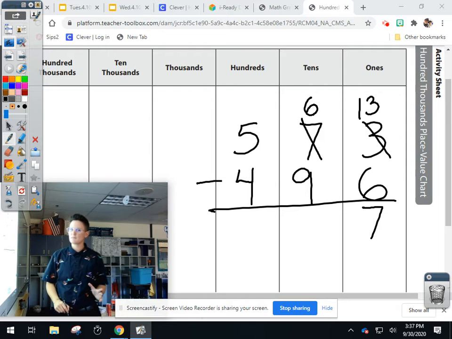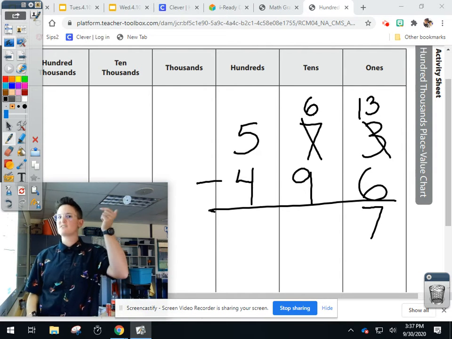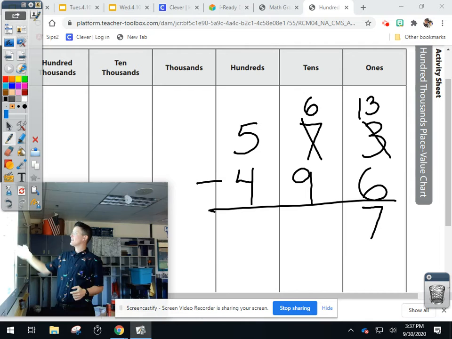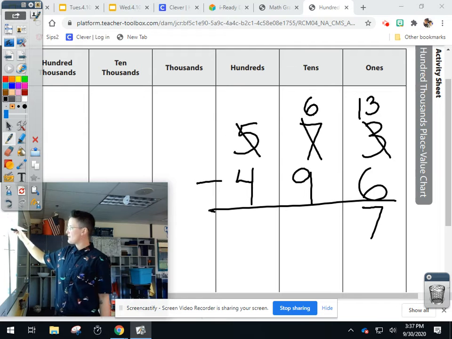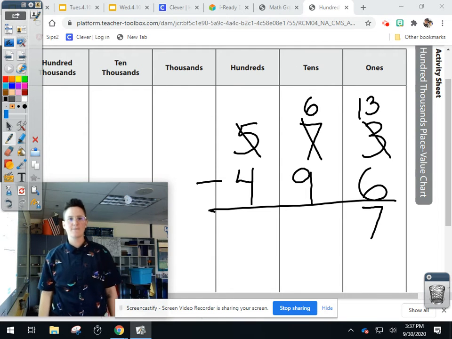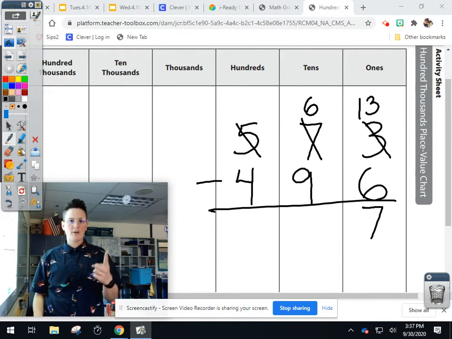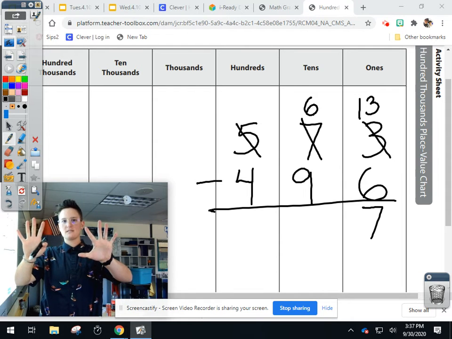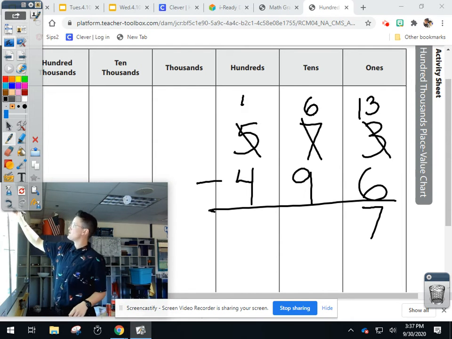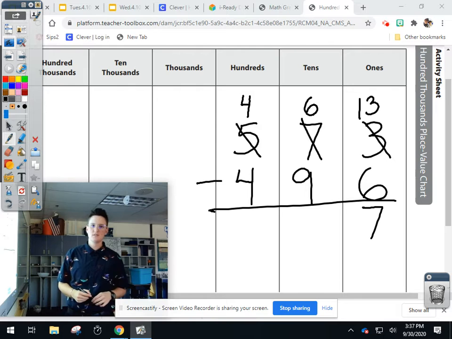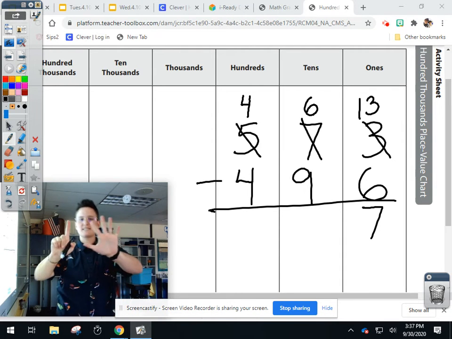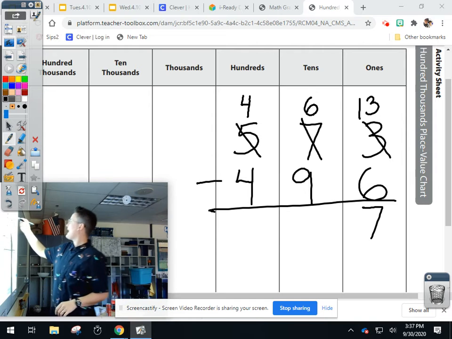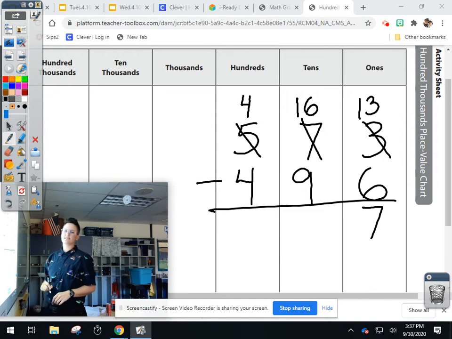Again, I've been practicing my facts, so I've been getting better and faster at these facts. And I go to my tens place. 6 tens minus 9 tens. I don't have enough, so I go next door to my neighbor, the hundreds place, because I know that 100 equals 10 tens, right? So my neighbor is going to give me one of their hundreds, and I'm going to break that down into 10 tens. So I have 6 tens right now, and I'm going to add the 10 tens to my 6 tens.